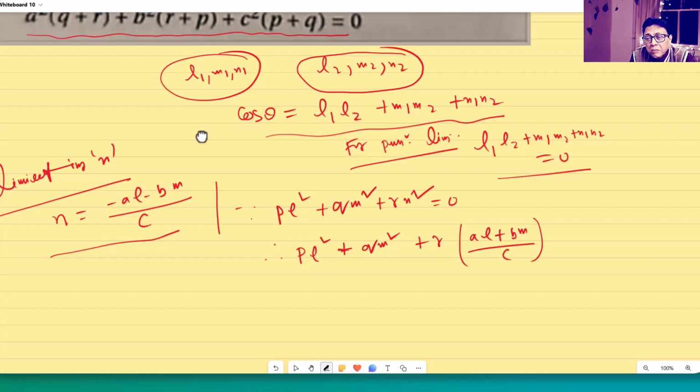Okay, minus, no? So now you just write C square into PL square plus QM square, plus R into expand it.